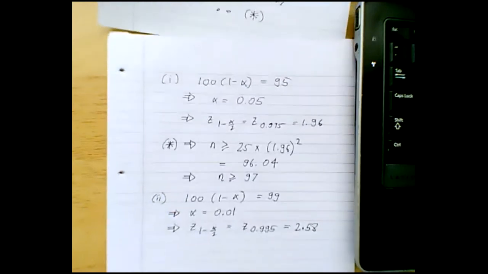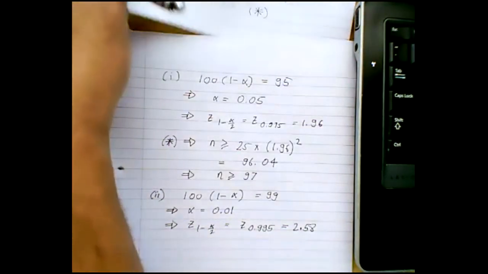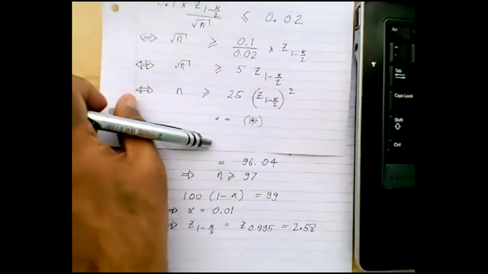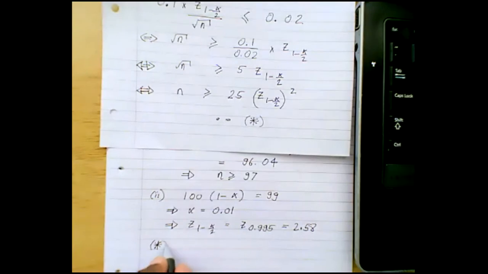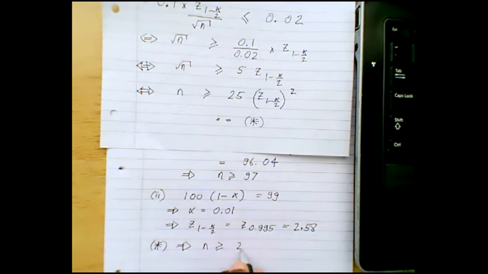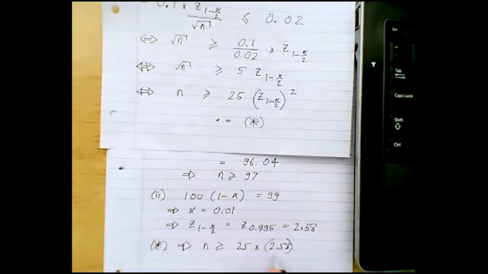All right, so once again, going back to star, it follows from star that n, the sample size, must be greater than or equal to 25 times 2.58 squared.